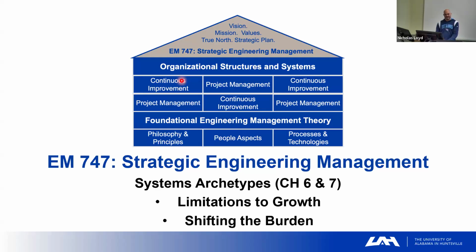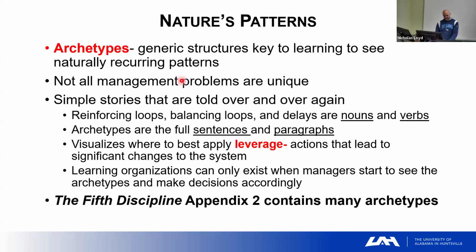And if we can learn to see them, maybe it can give us a better understanding and drive decisions. So he introduces 2 of them in chapters 6 and 7 and talks about them. But then there's about 11 or so, I can't remember exactly, archetypes in one of the appendices that just say, here are natural things that happen in nature if we can learn to see them.